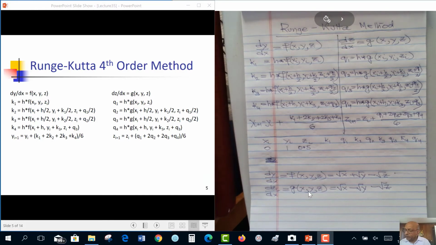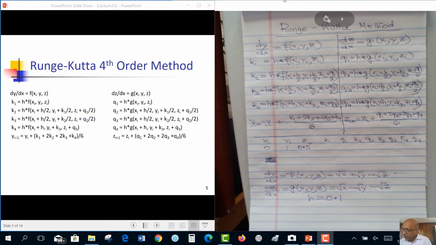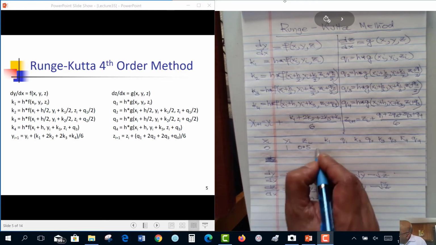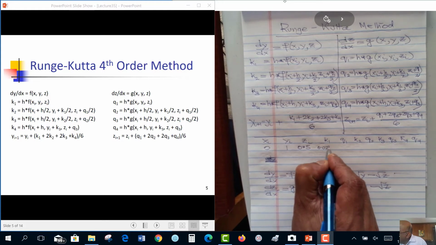Let's do K1. H is equal to 0.1, remember? So K1 is 0.1 times the function: square root of 0 plus square root of 1 minus square root of 0.5. So we get 0.0293.